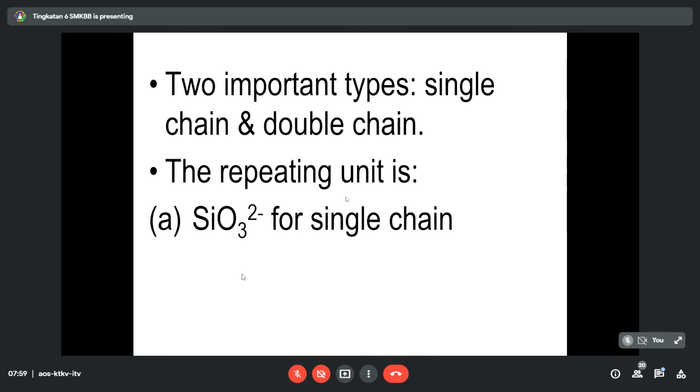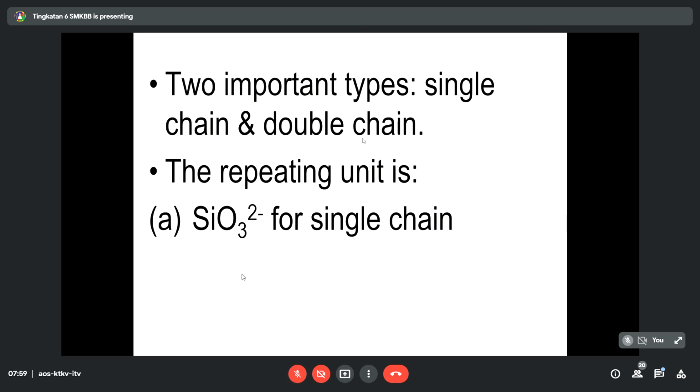When you come into pyrosilicate, the formula is Si2O7, charge 6 negative, isn't it, just now? And for the ring silicate, the simplest is Si3O9, isn't it?